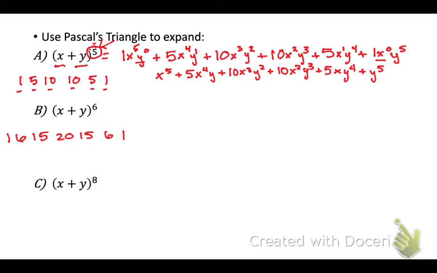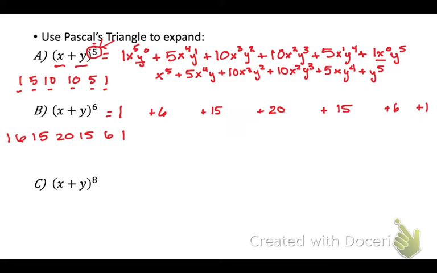So I'm going to do exactly the same thing as I did before. So I'm going to have 1, 6, and it's going to be plus, right? Plus 15, plus 20, plus 15, plus 6, plus 1. Oop, I spaced it out too much. I'll have to rewrite.